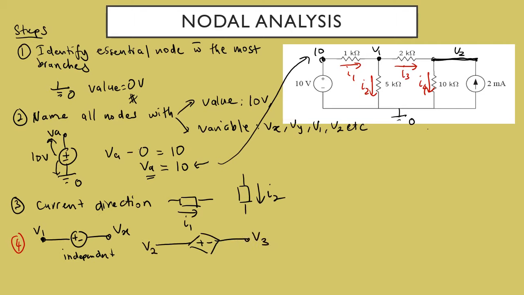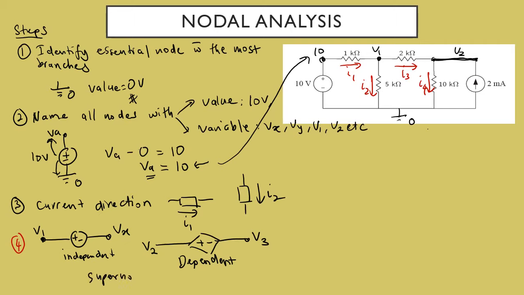So obviously this is an unknown value, and this is a voltage source. Whether this is an independent or dependent voltage source, and in between 2 voltage nodes, then this is a supernode.